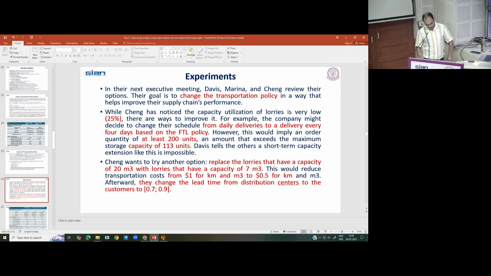They replace the lorries that have capacity of 20 cubic meters with lorries that have capacity of 7 cubic meters, and this would reduce the transportation cost from 1 USD per kilometer to 0.5 per kilometer. And after that they change the lead time from the distribution center. So three changes: vehicle, transportation cost, and then the third one is the lead time.